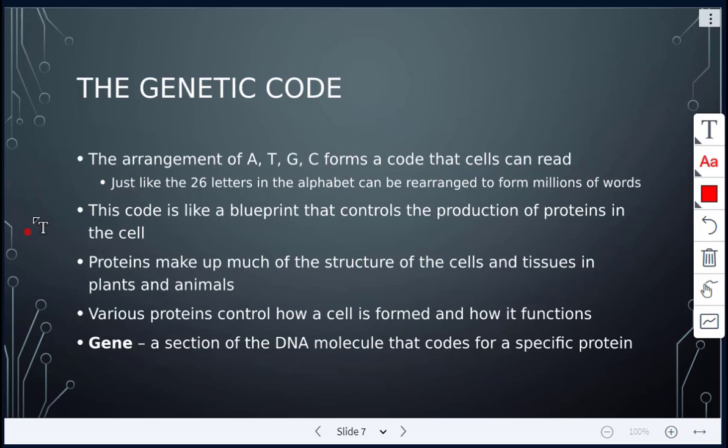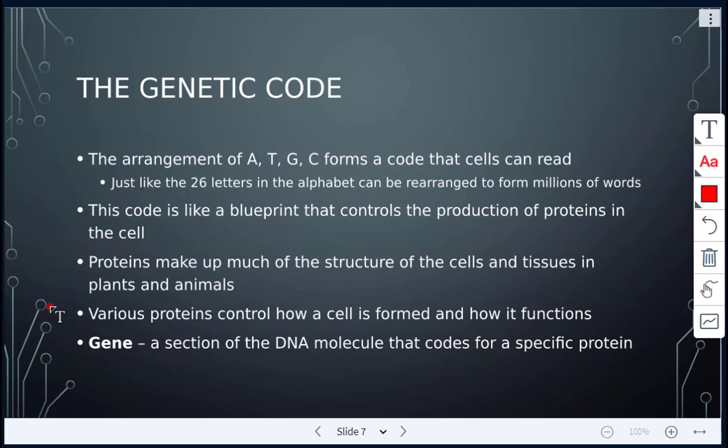Okay, so that code is basically like a blueprint that controls the production of proteins in the cell. These proteins make up much of the structure of the cells and the tissues in plants and animals. And these proteins, different kinds of proteins, will then control how a cell is formed and how it functions.